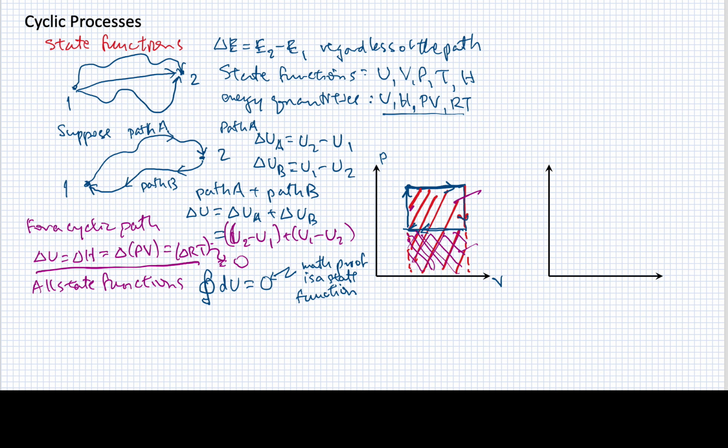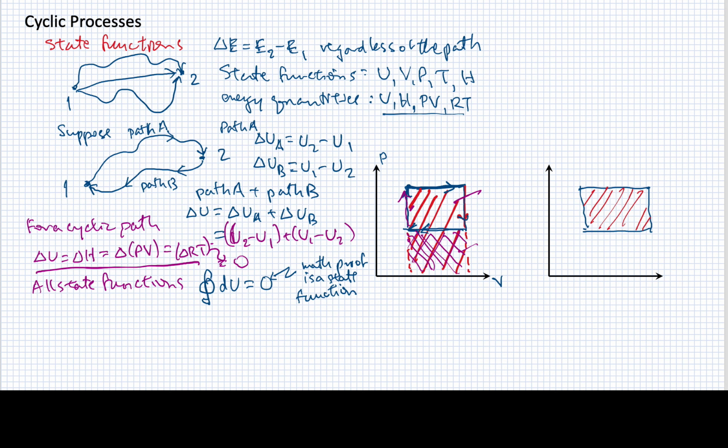And so then I have a final step that's going to go up here back to the initial point that has again no work because it has no volume change. So in effect, what we're going to end up with, and I'll draw the sum of this over here, is a process that went around in a cycle, and the total work done in that cycle is simply the area inside this box.